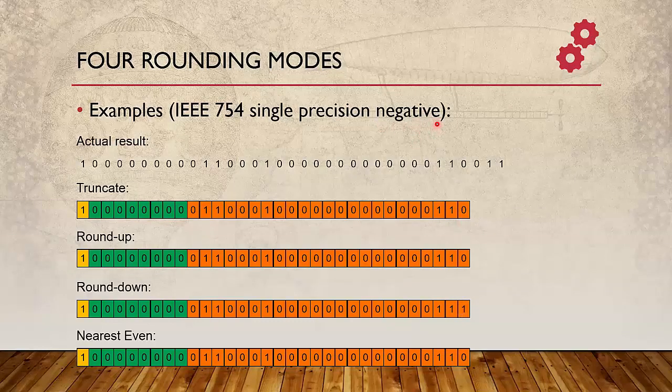How do we tell that this is a negative result? We look at the sign bit. If it is 1, in this case, it is a negative value. And nearest even is the same. It will do whichever rounding, either up or down, that gives it a 0 at the LSB.